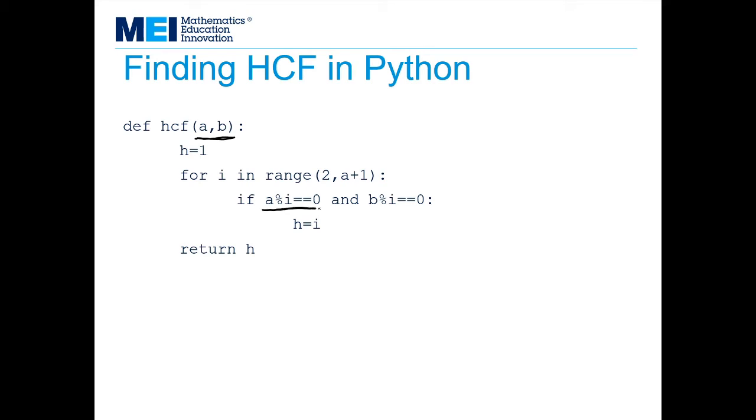So if a gives a remainder of 0 when it divides by i, and b gives a remainder of 0 when divided by i, that means that i is a common factor of both a and b. And so it will go all the way up until it gets to a, checking to see whether it has found a higher common factor. And then whatever it set the value of h to by the time it gets to the end of the program is what it returns at the end.